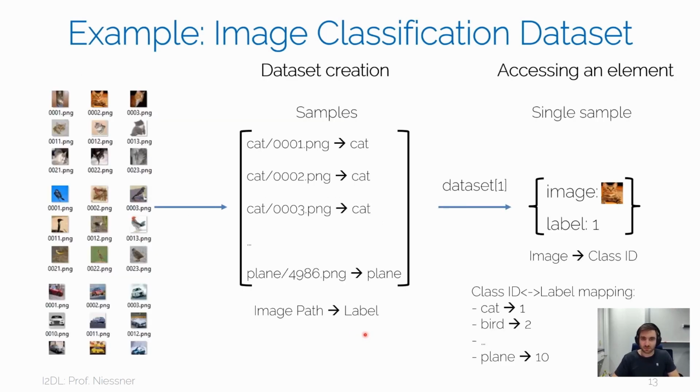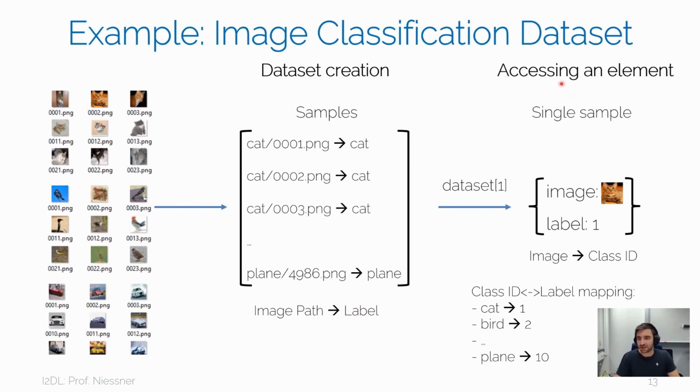Here's another visualization of this pipeline, so to say. Again, on the left side, we have our folders of categories. Then if you initialize the dataset class, it reads the file names and assigns each a label.